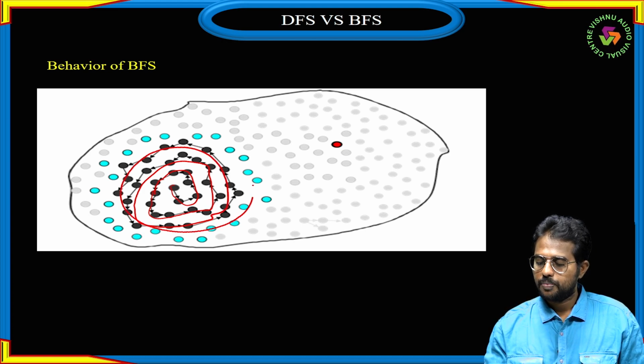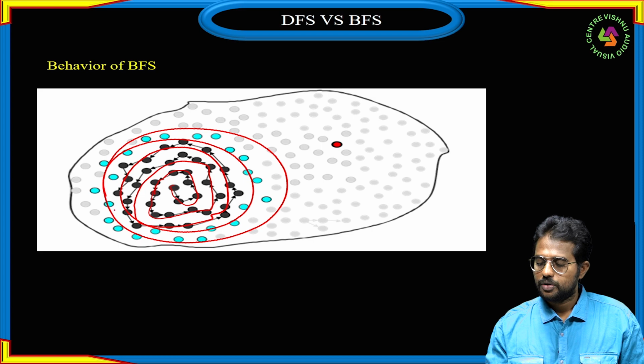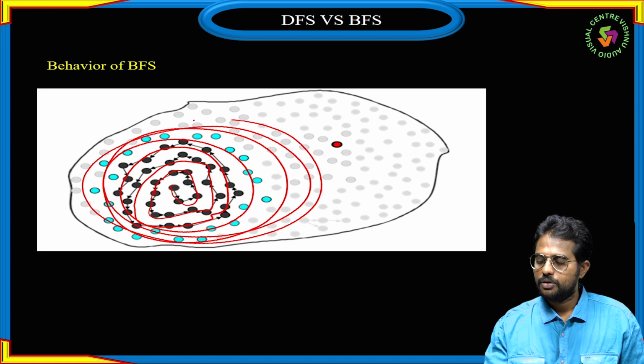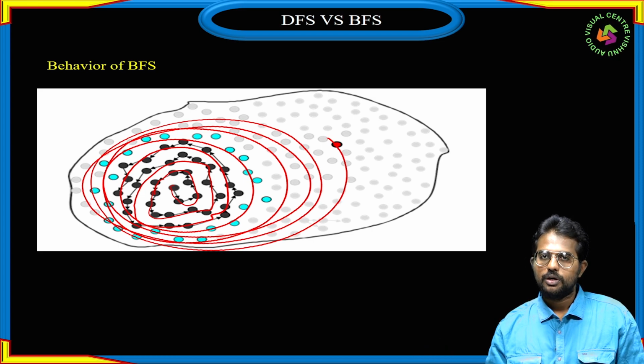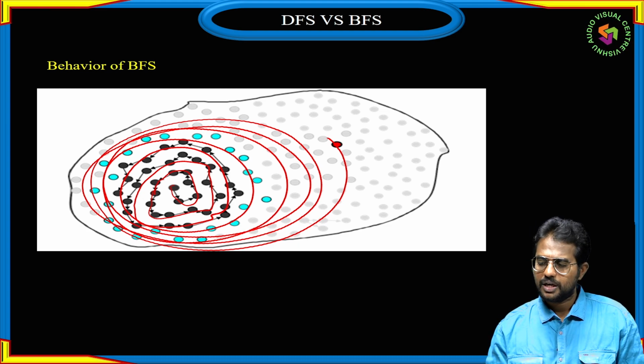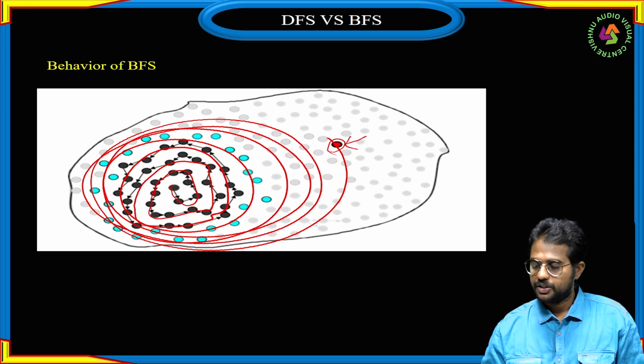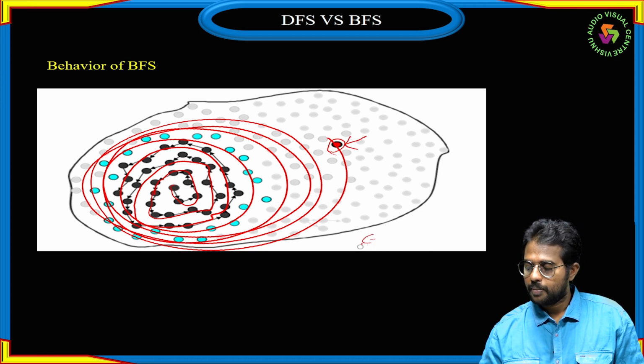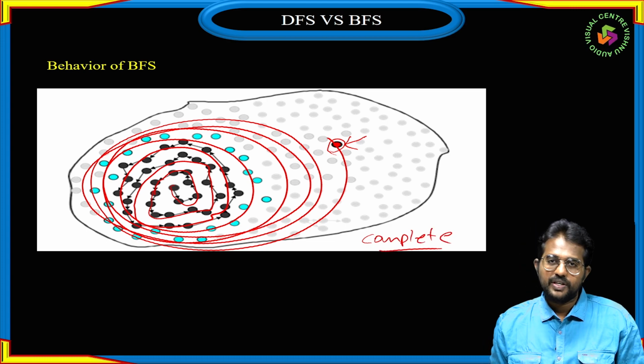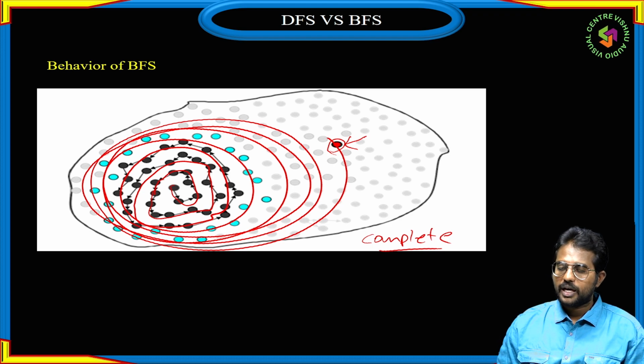This procedure will be continued until I find the goal node, and my goal node will be reached. So BFS is complete because I can reach the goal node, but the time taken to reach the goal node will be exponential. That is, it will be very high.